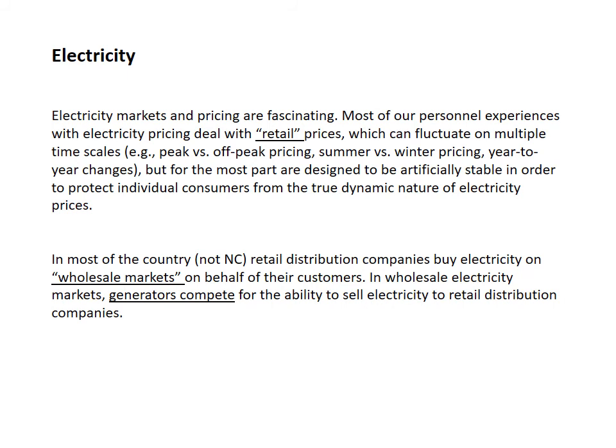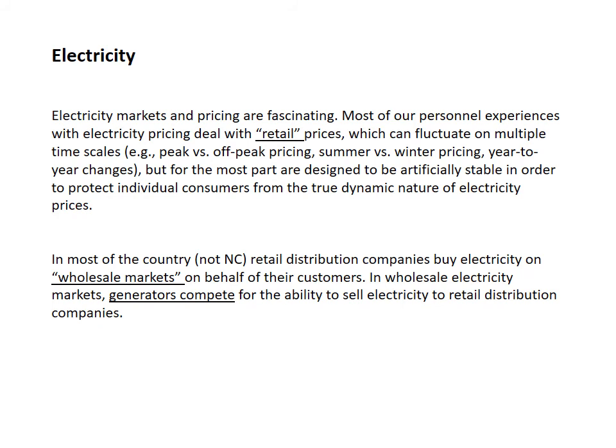In most of the country, not North Carolina, our utilities, which we would refer to as retail distribution companies, interact in wholesale markets on behalf of their customers. So if you're Duke Energy, you become two separate companies. You become Duke Energy, the generator, who owns all these power plants, and those generators all sell electricity into the wholesale market.